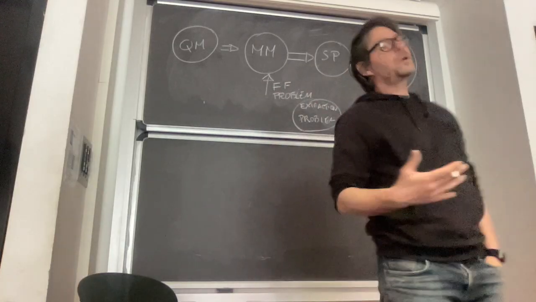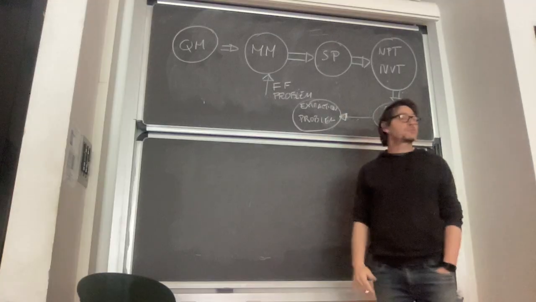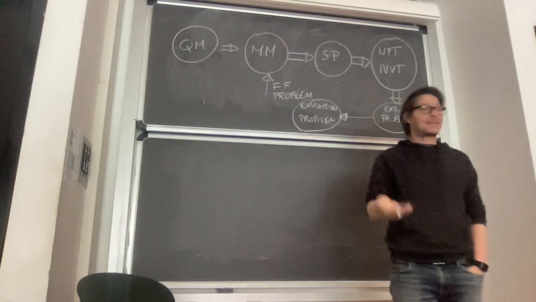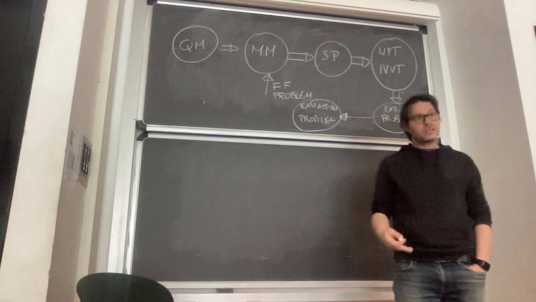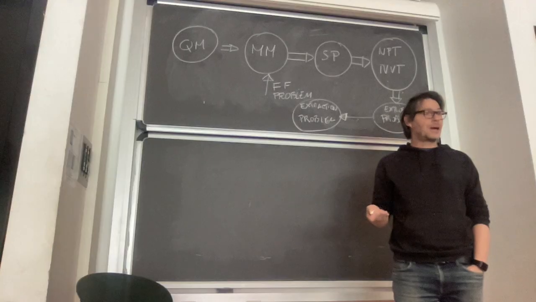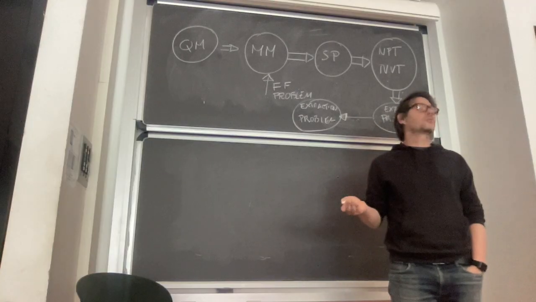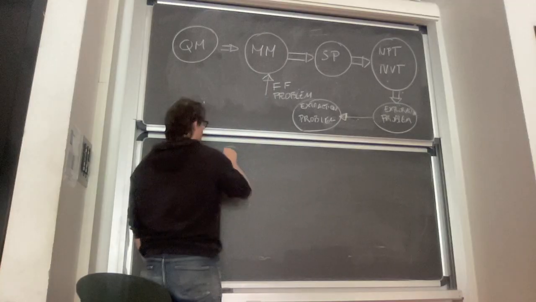But the tool that we will use to tackle both the exploration problem and the extraction problem is to go past the Hamiltonian dynamics and consider a new form of representing the dynamics, which is not Hamiltonian, and it's called stochastic.